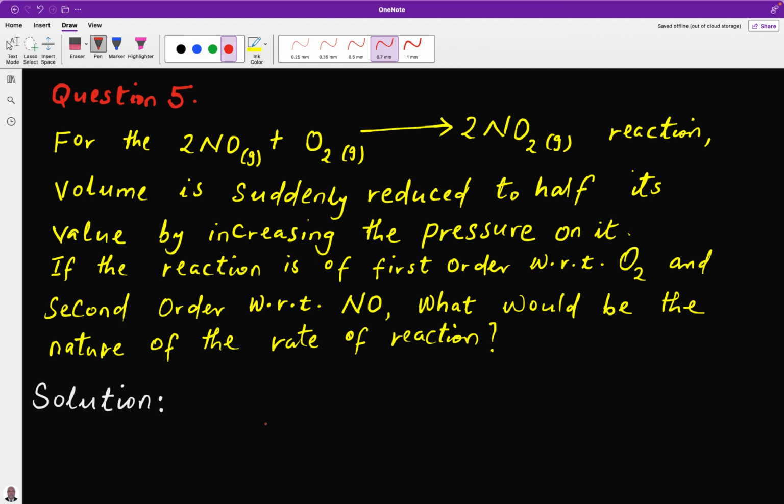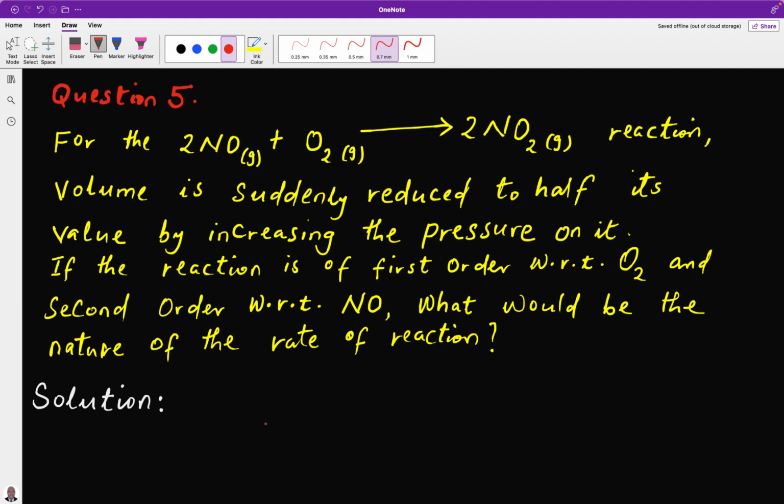For the reaction 2NO, that is nitrogen monoxide, plus oxygen, which is a gas, to give us 2 moles of nitrogen dioxide. For this reaction, volume is suddenly reduced to half its value by increasing the pressure on it.